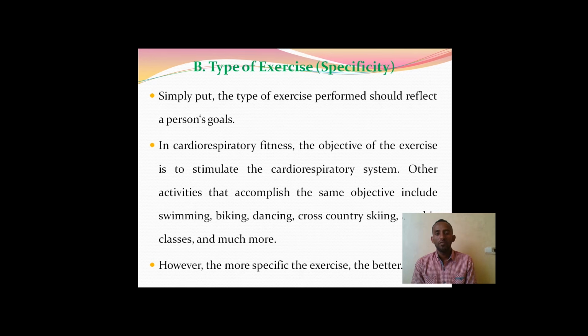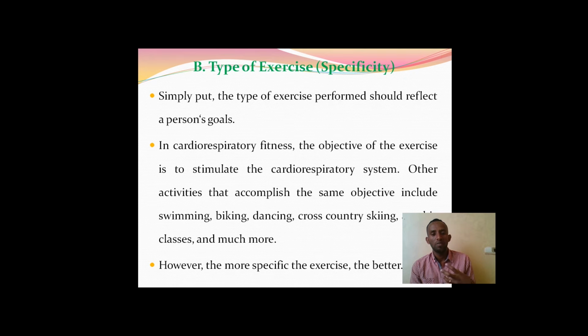A second part of the principle is the type of exercise, or in some places we call it specificity, all right? Simply put, the type of exercise performed should reflect a person's goals. This means when you perform an exercise, there must be an objective behind the exercise.